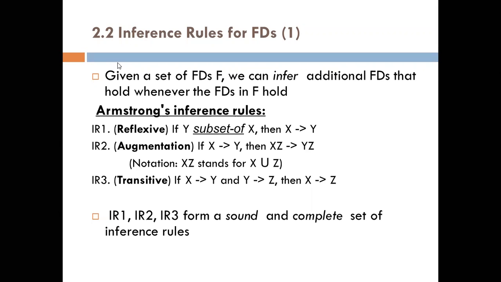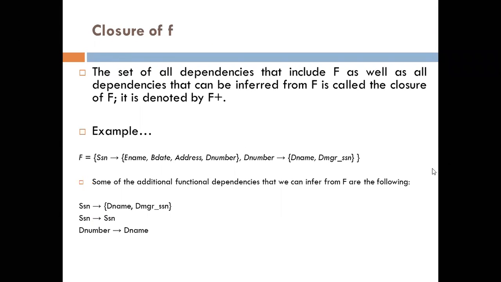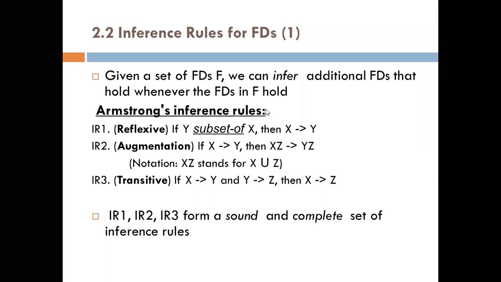These rules are used to infer the additional functional dependencies. So one set of functional dependencies is given over here. In order to infer additional things, we need these kinds of inference rules.